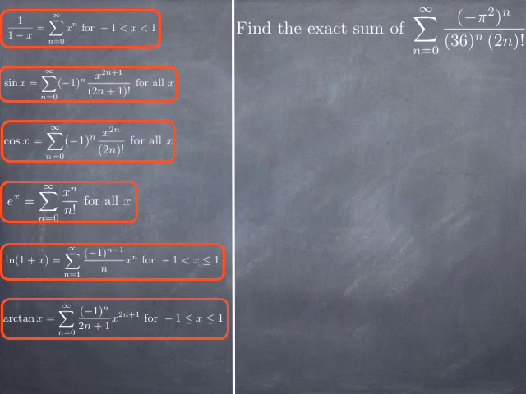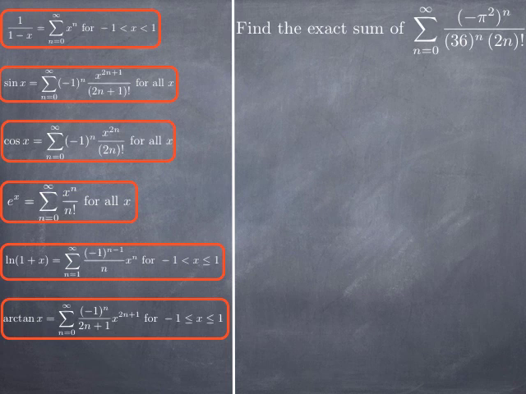Another example, we want to find the exact sum of the series from 0 to infinity of -pi squared to the n divided by 36 to the n multiplied by 2n factorial. So this looks complicated, but again, keep in mind that we are asked to find the exact sum, so probably this should be something that we can do by simply matching with standard power series representations for standard functions.